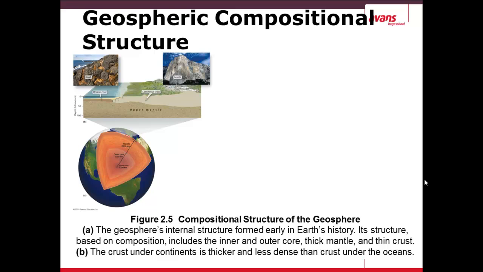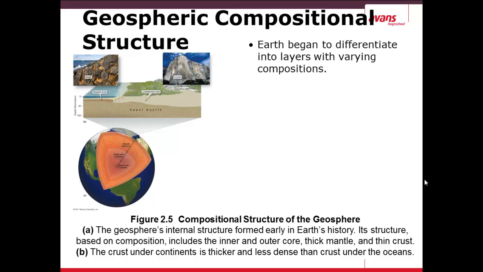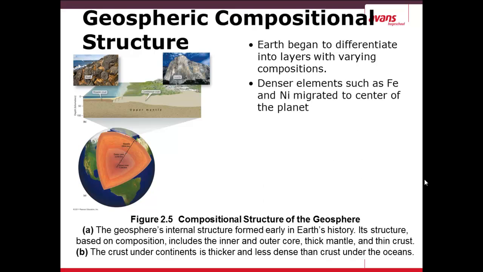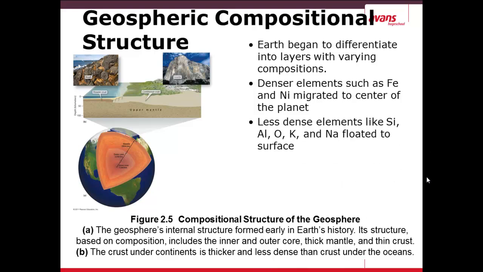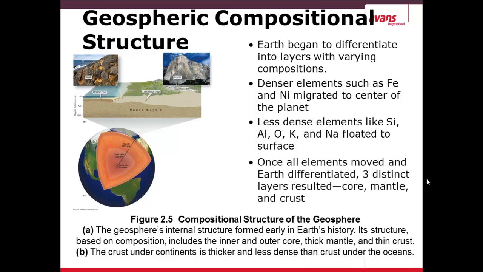Now let's look at the compositional structure of the geosphere. The Earth began to differentiate into layers with varying compositions. The denser elements, such as iron and nickel, migrated to the center of the planet. Less dense elements like silicon, aluminum, oxygen, potassium, and sodium floated to the surface.